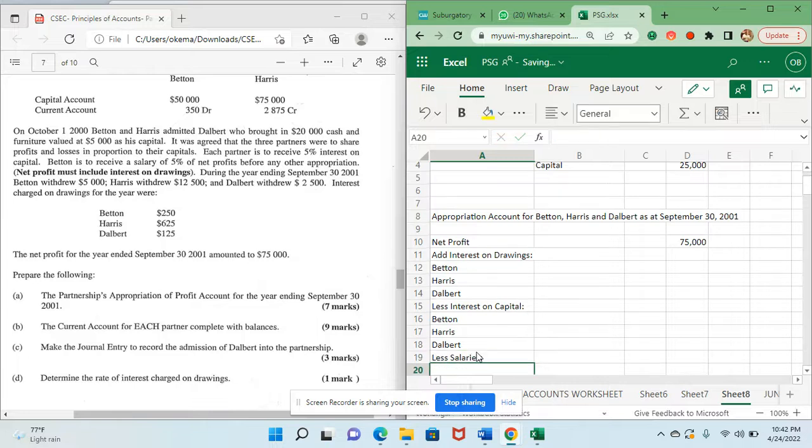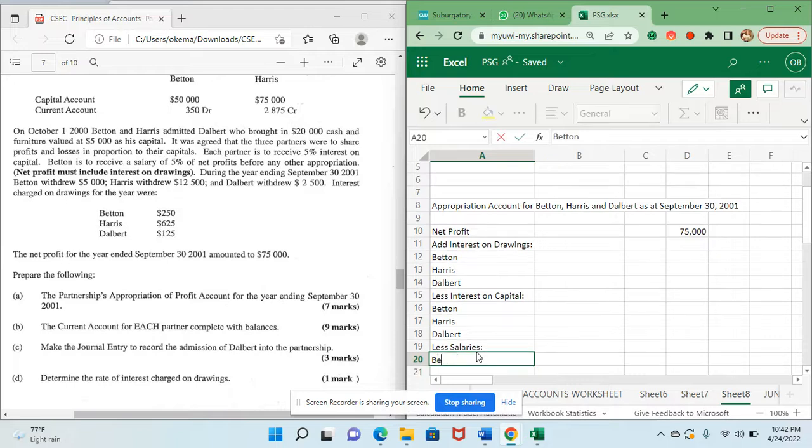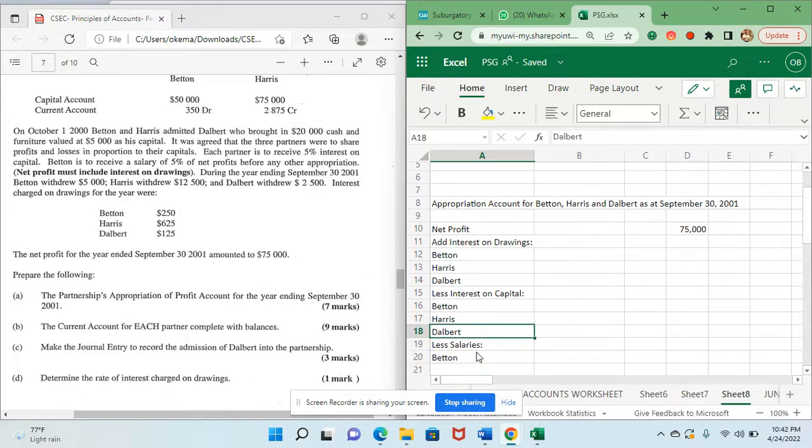In this case, only one partner was supposed to get a salary, and that was Beton. They already worked out our interest on drawings, so we just have to put the figures.